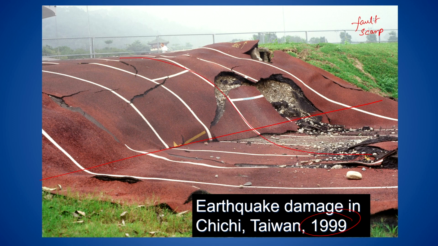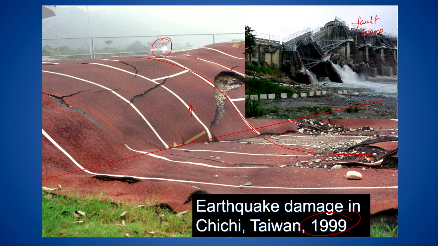Okay, so this has moved up, and you can clearly see based on the person standing here that it is more than around 2 meters in height. And the dam was constructed across the fault without proper understanding of what was damaged.